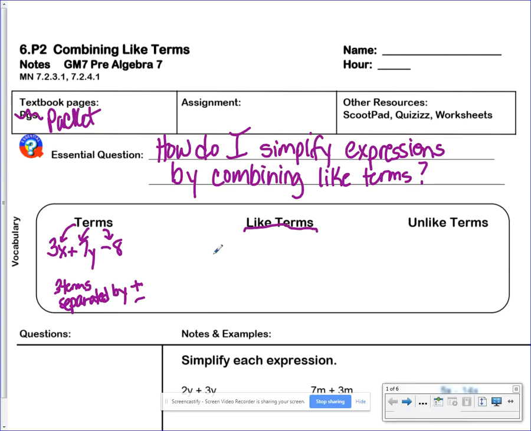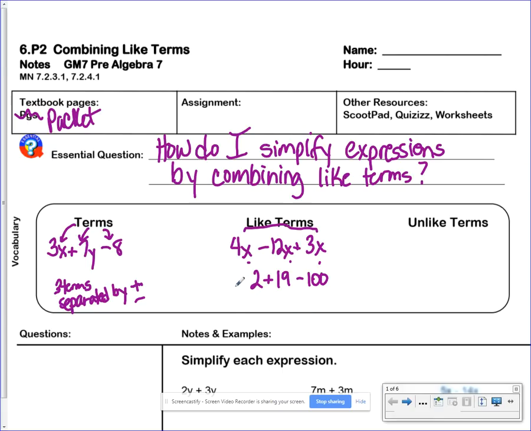So like terms in math, or algebraically, are things like this. If I had 4x minus 12x and a positive 3x, those are all like terms because they all have the same variable. We could just have constants. Constants mean plain old numbers, like 2 and 19, and I could say I have a negative 100, something like that.